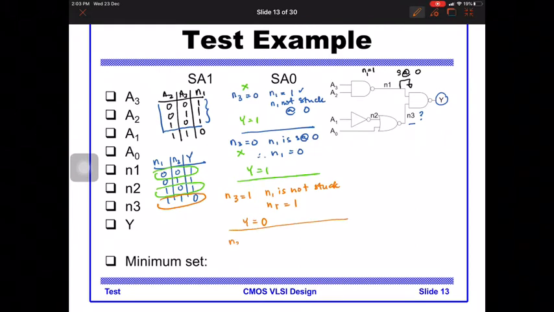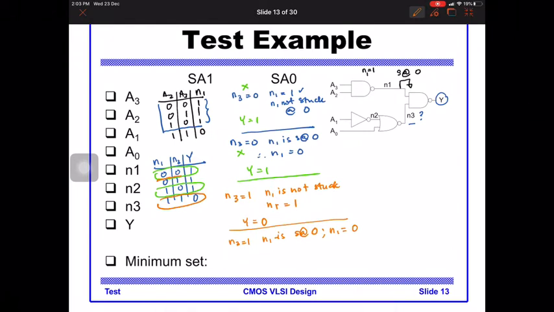And if N3 equals to 1 and N1 is stuck at 0, therefore N1 equals to 0, right?